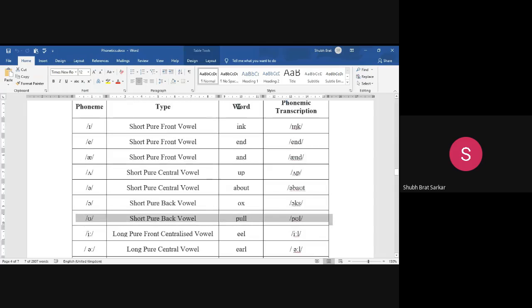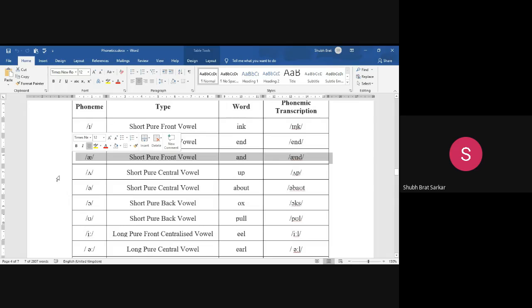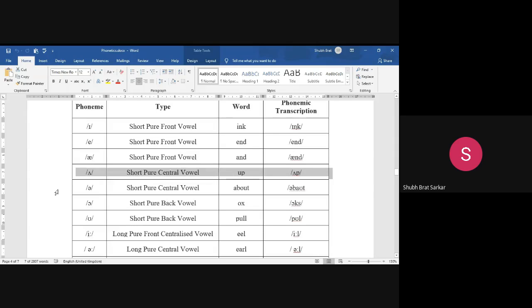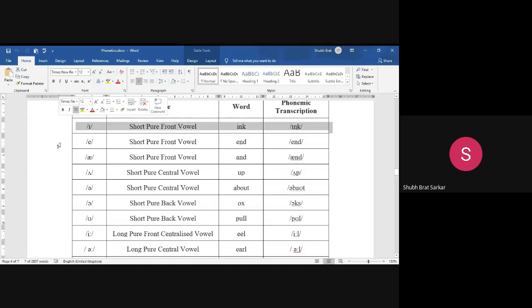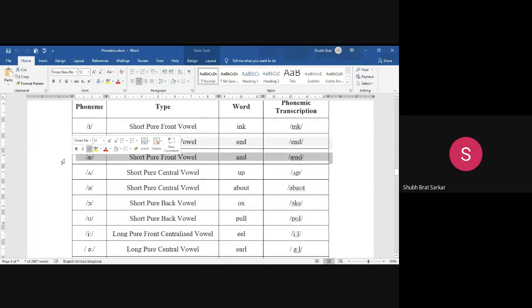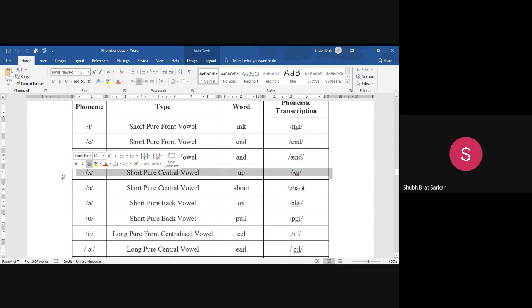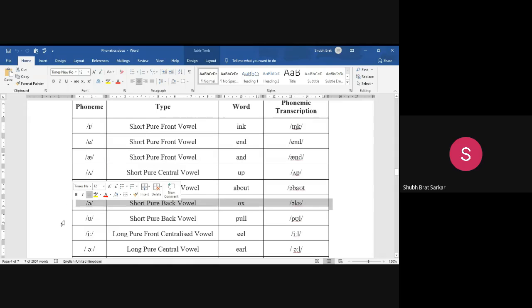Let us repeat the sounds. Listen carefully and if possible repeat with me. E, A, A, O, U. I repeat. E, A, O, U.